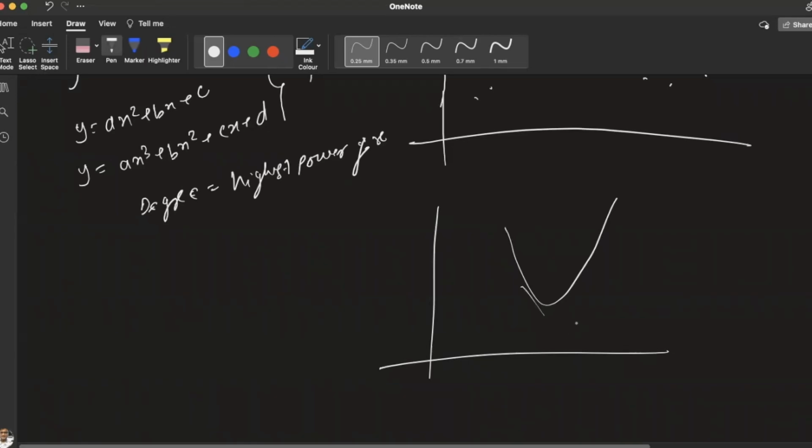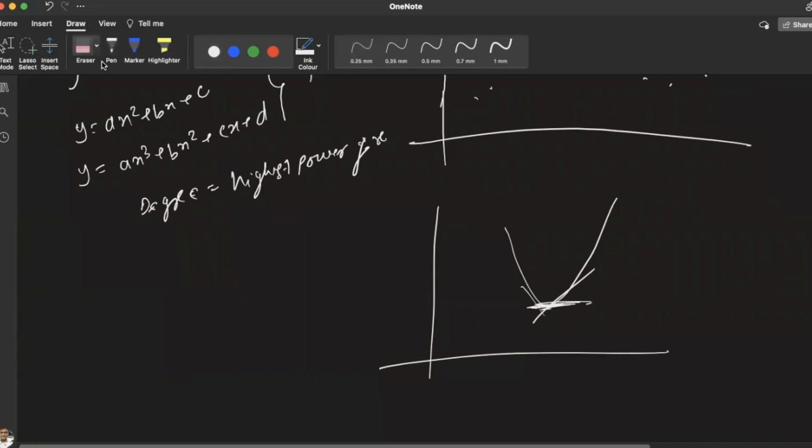Here the tangent is positive, and here the tangent will be negative, right? Where the tangent is parallel, where tan theta is 0, that can be thought of as the critical point. Just before that the tangent is positive, and after that the tangent is negative, right? So this can be thought of as a critical point, where we can see the curve turns itself, right?